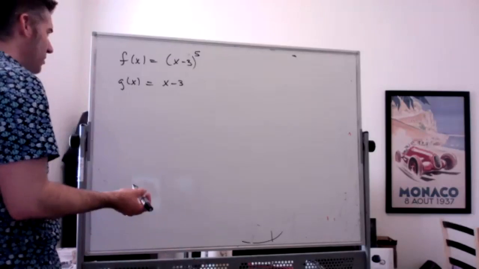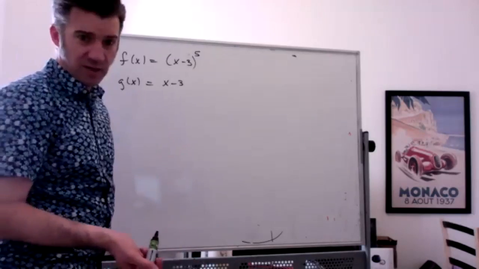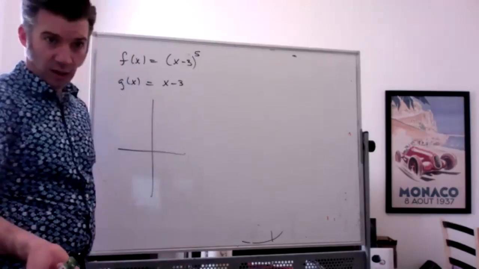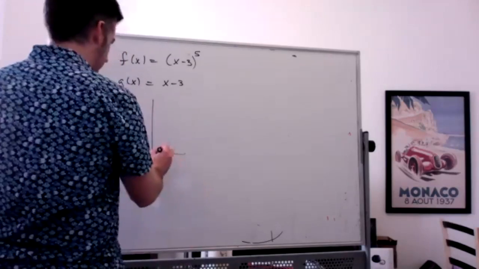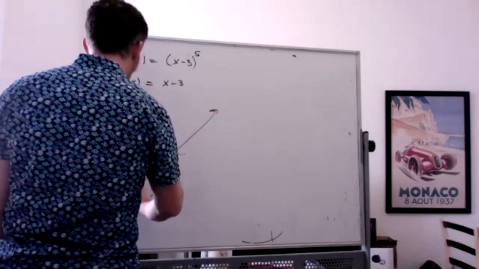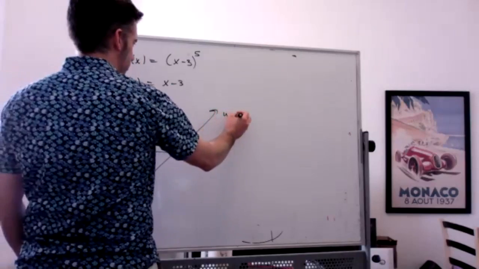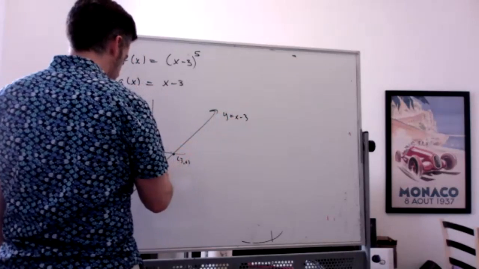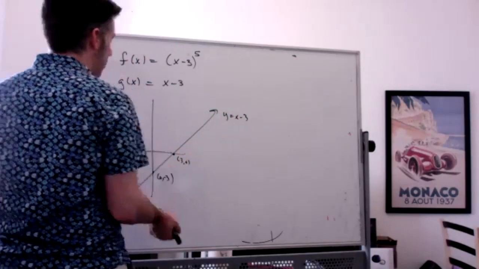So I'm going to draw both of these just so I can do the thing. So x minus 3 is just a straight line, right? And it has a y-intercept of negative 3 and x-intercept of 3. So that's what x minus 3 looks like. And here's the thing.